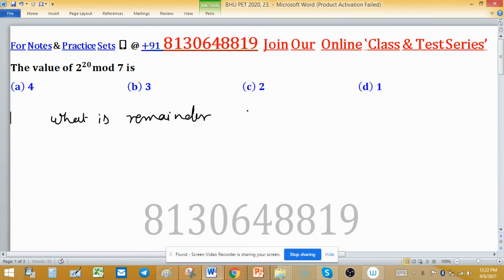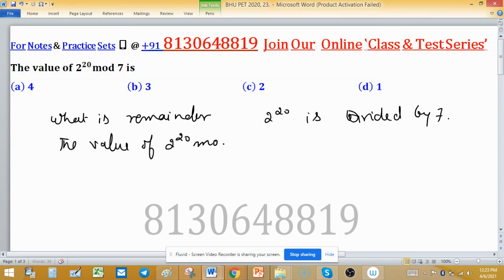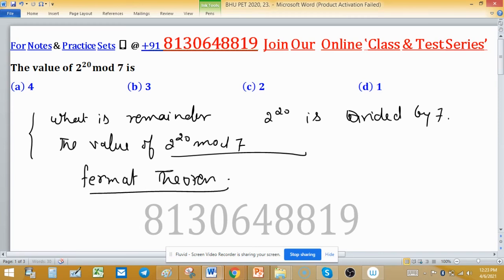Remainder when 2 raised to the power 20 is divided by 7, or as written, the value of 2 raised to the power 20 mod 7. The question is asked in two types. How to solve this problem? Fermat's theorem will help us to find this solution.